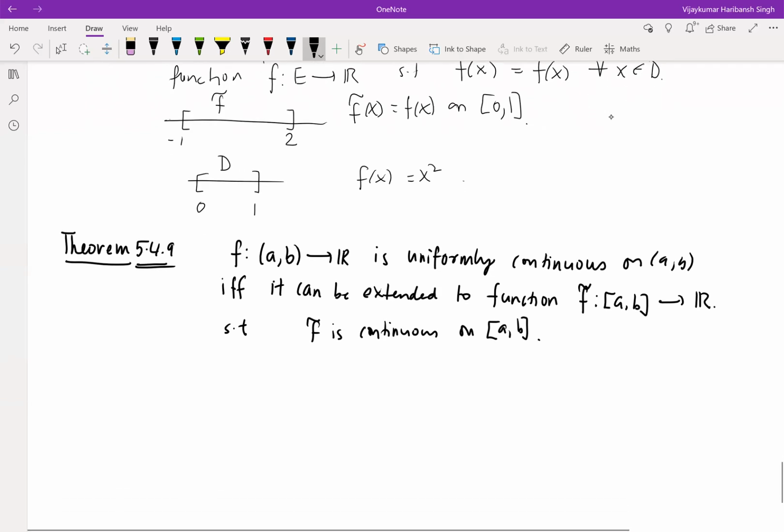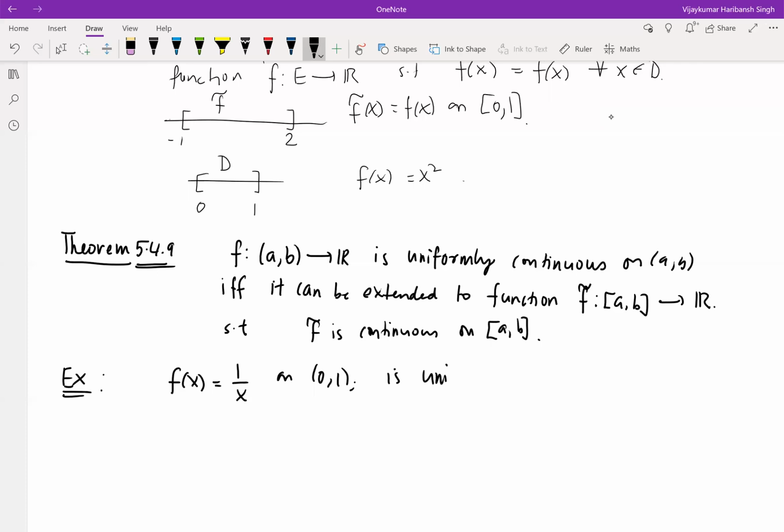But before we go for the proof, let's look at an example where this doesn't work. Let's take f of x equals 1 over x on, say, (0, 1). Clearly this function is not uniformly continuous. It's not hard to prove.